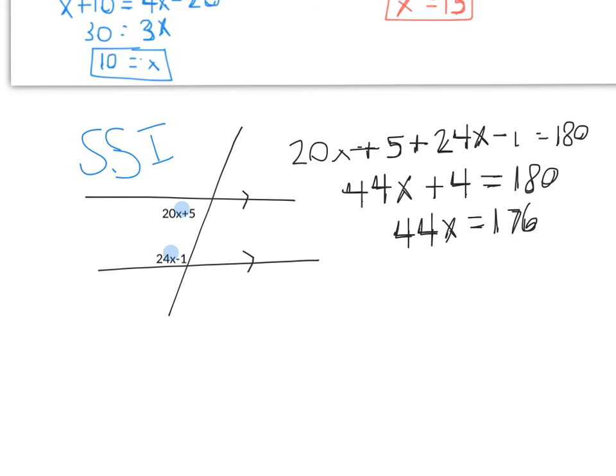So now I have 176 divided by 44. x is 4. So yeah, I could then go in and plug it in and find all of my angles if I wanted to. So I just wanted to make sure that you saw one with same side interior angles.